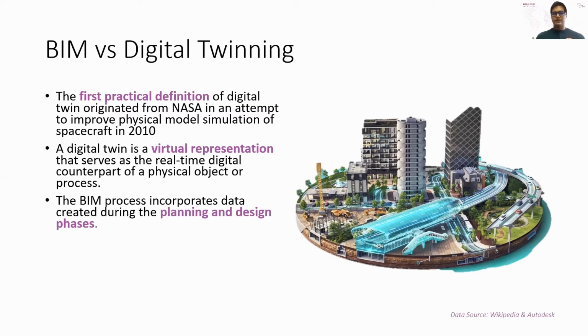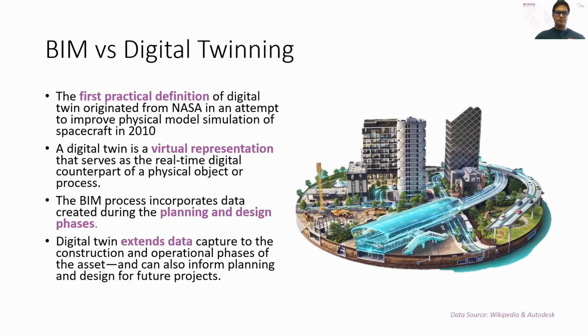All of those phases, where it fits in that I showed you in the infographic previously, it will flow in there accordingly. Now the digital twin extends this data. It takes this digital representation and connects it with live data. And that live data is possible using the Internet of Things.